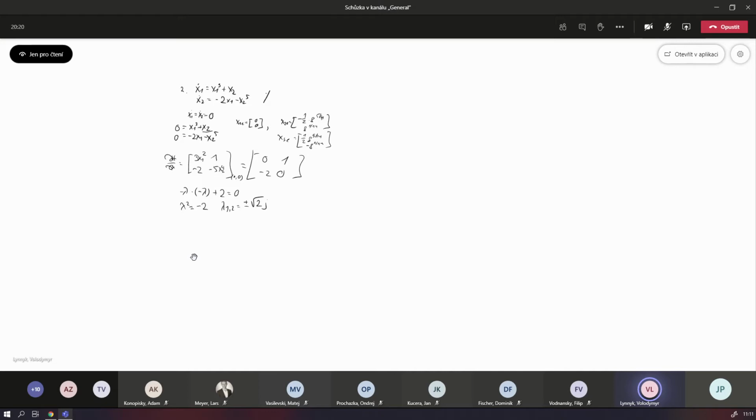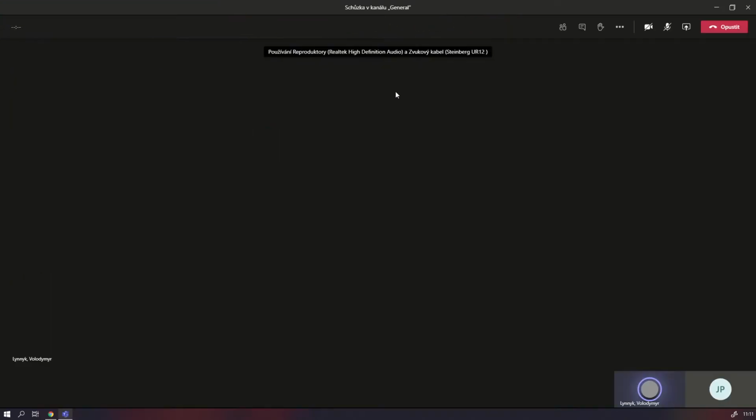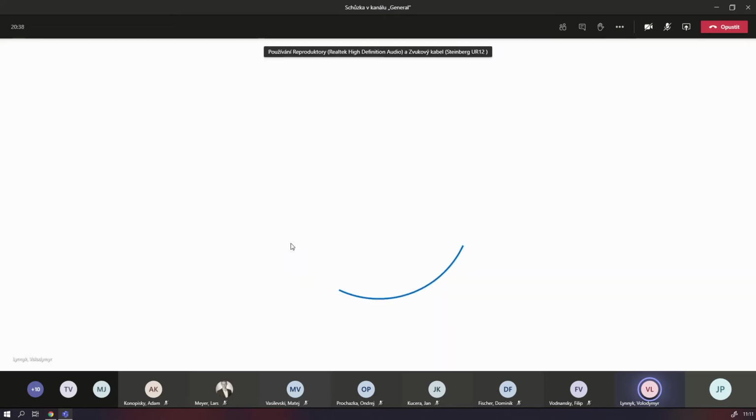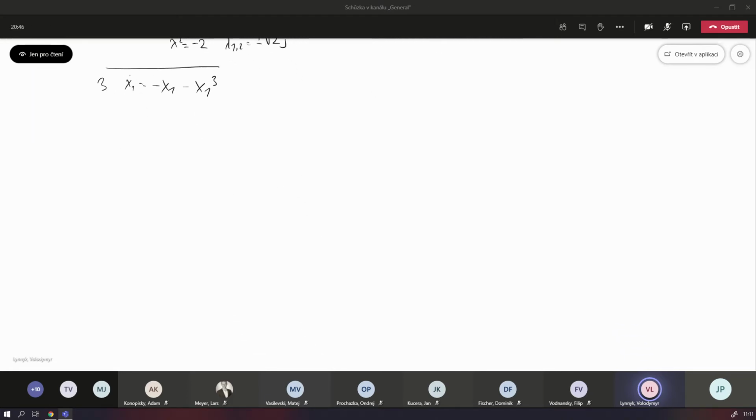You see the whiteboard now? Yes. This third exercise, system described by x1 dot equals minus x1 minus x1 cubed plus x2 and x2 dot equals minus 2x1 minus x2.